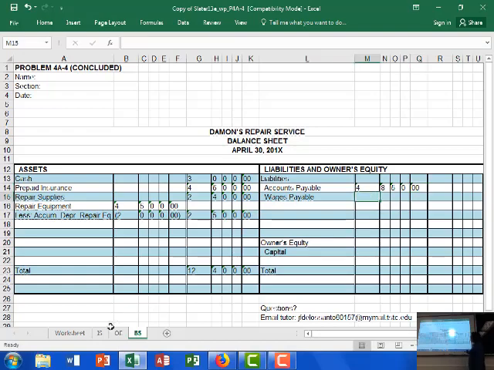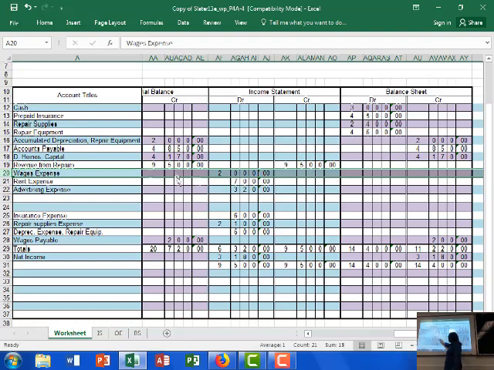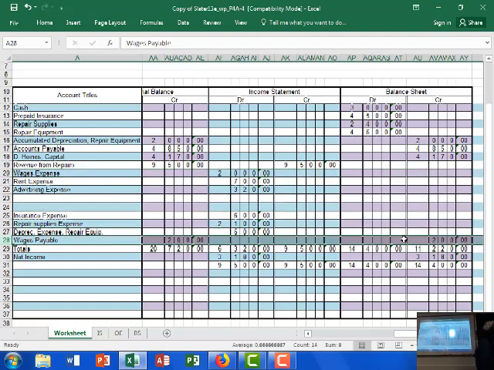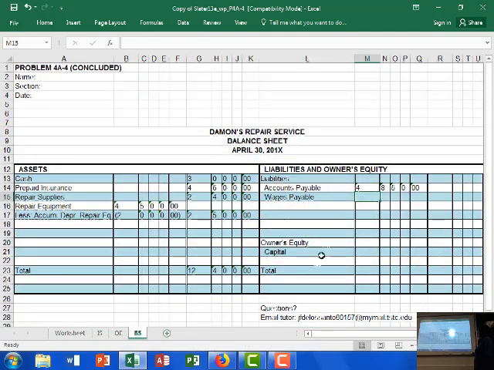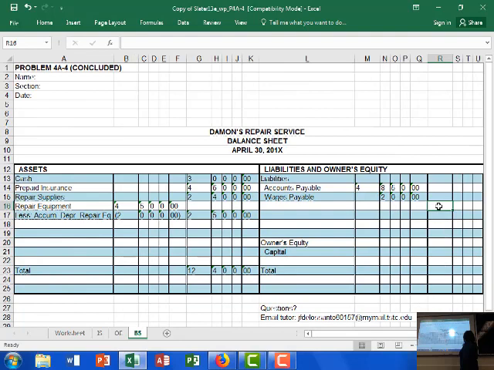Wages payable was how much? 200? Yep, $200. Our total is? 5,050.